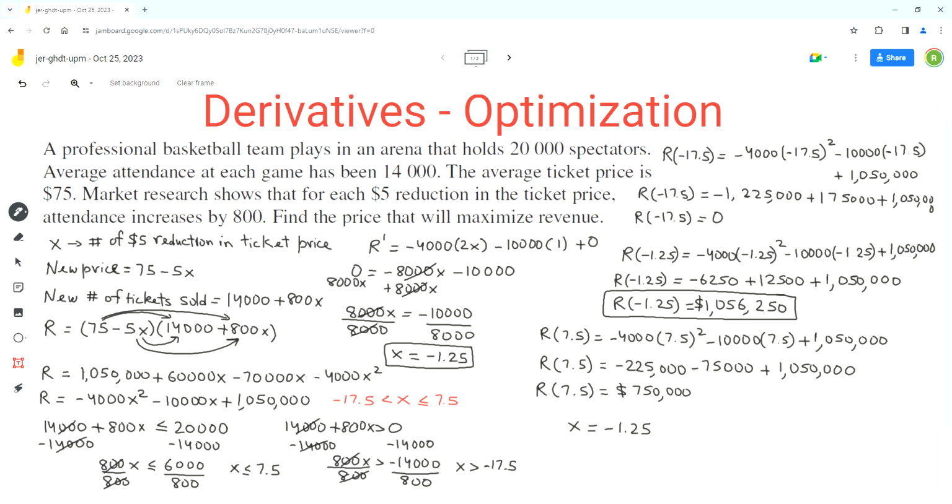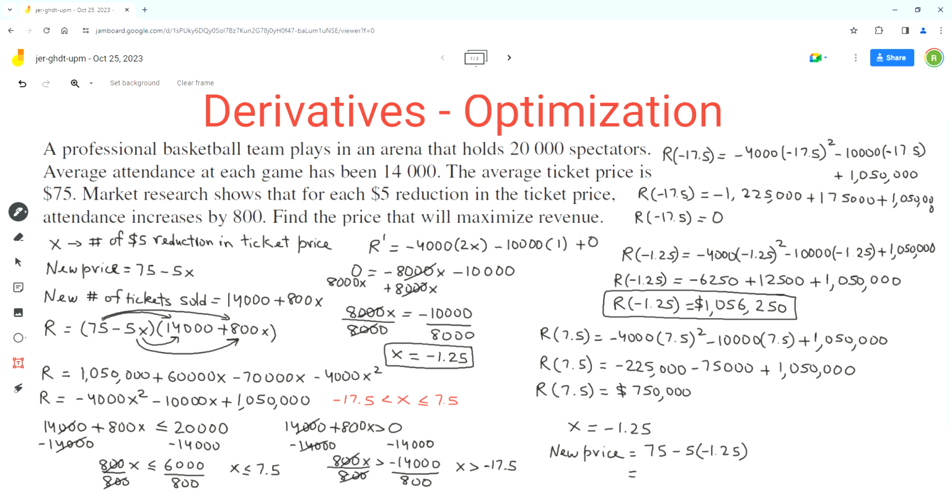Now we have to find the price that will maximize revenue. So for that we'll use the price expression. We found that the new price will be equal to 75 minus 5x. So it will be 75 minus 5 times negative 1.25.